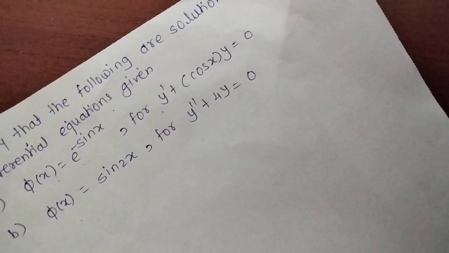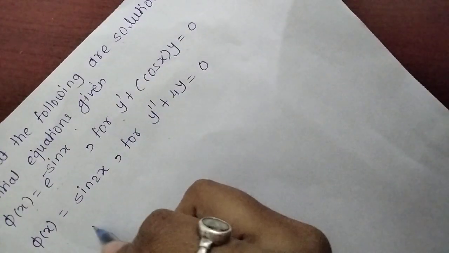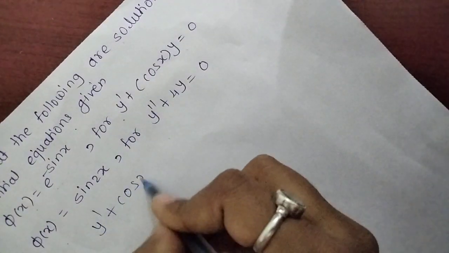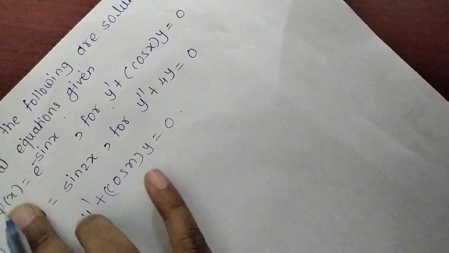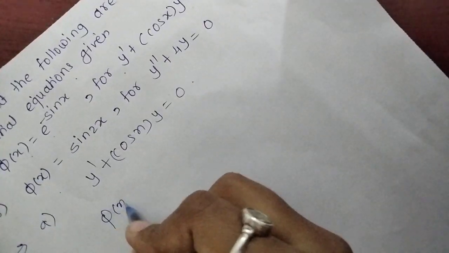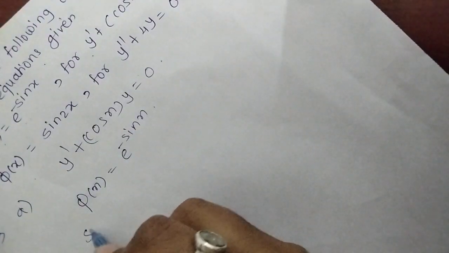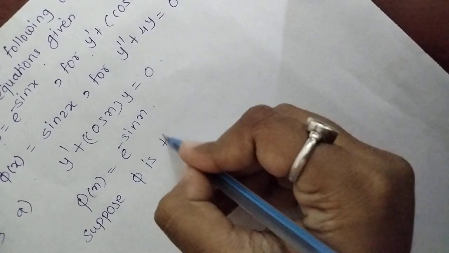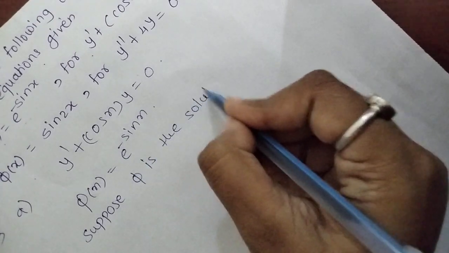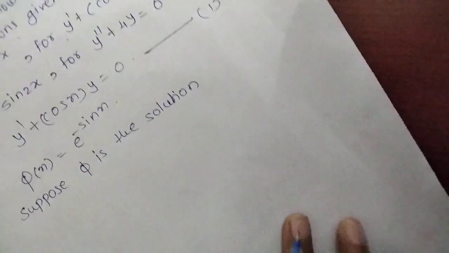Here the differential equation for A is y dash plus cos x into y is equal to 0. Given phi of x is equal to e raised to minus sin x. Suppose phi is the solution of this differential equation, given as equation number 1.